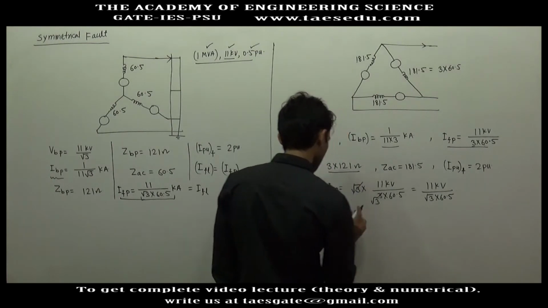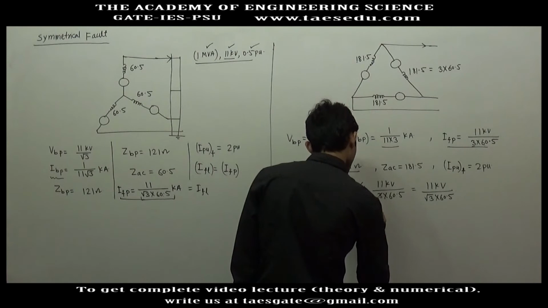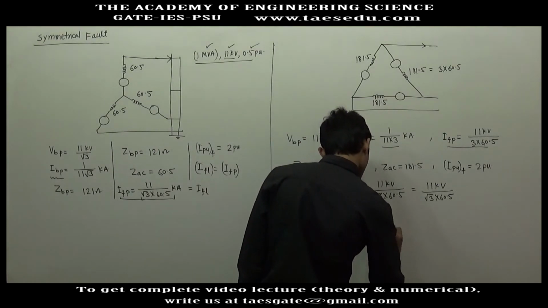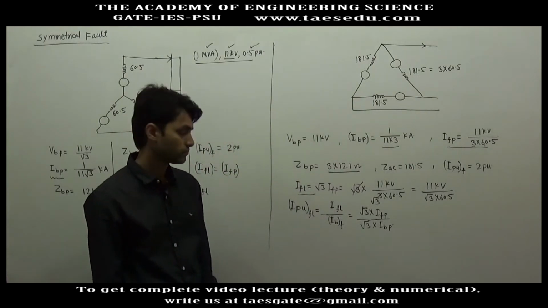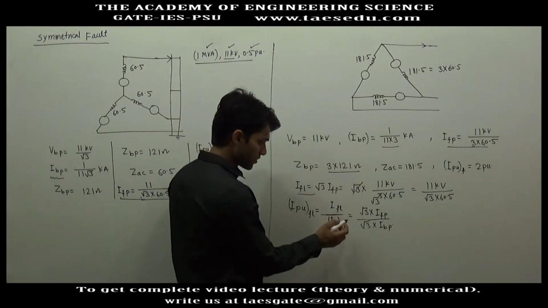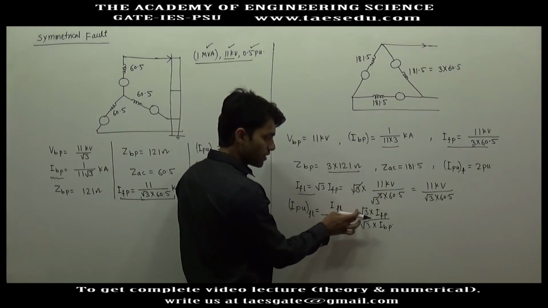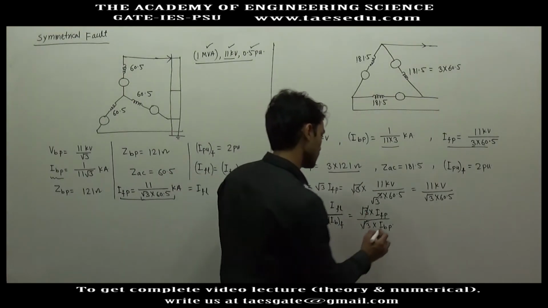This will be nothing but the actual value of fault current in line, which is root 3 into the fault current in phase, divided by root 3 into the base value of phase current. What you are observing here, both the quantities in numerator and denominator get multiplied with root 3, so again you will get the same result.